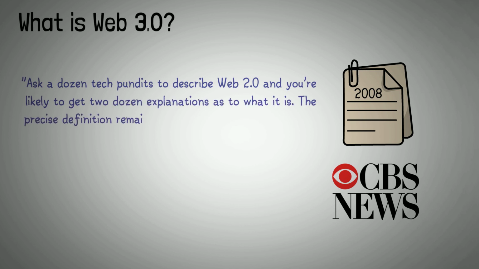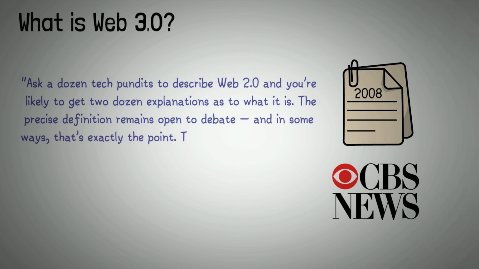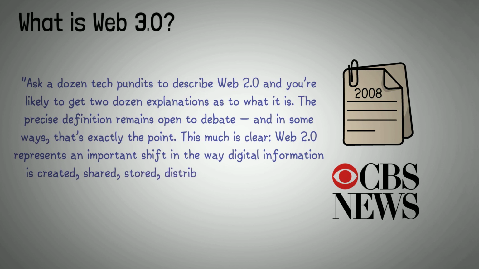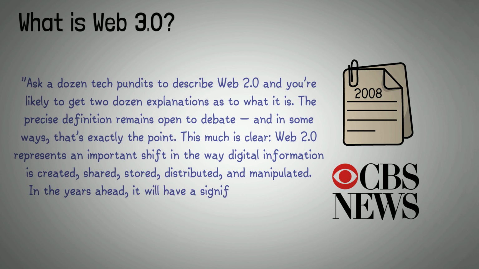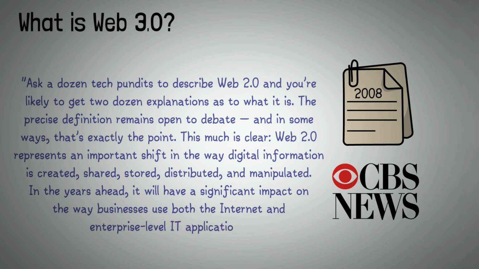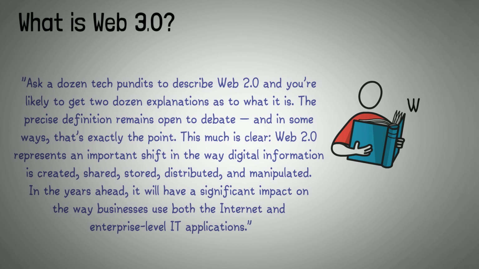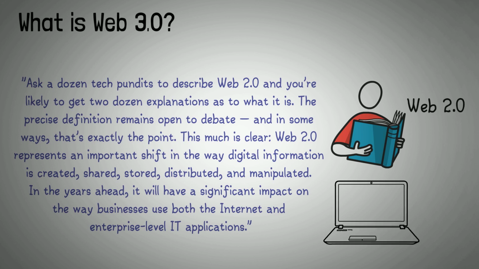The precise definition remains open to debate, and in some ways that's exactly the point. This much is clear. Web 2.0 represents an important shift in the way digital information is created, shared, stored, distributed, and manipulated. In the years ahead, it will have a significant impact on the way businesses use both the internet and enterprise-level IT applications."